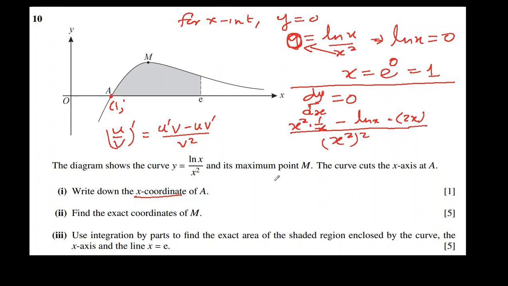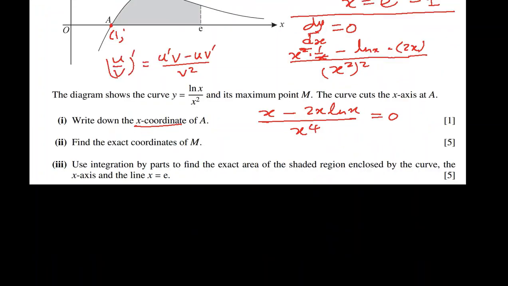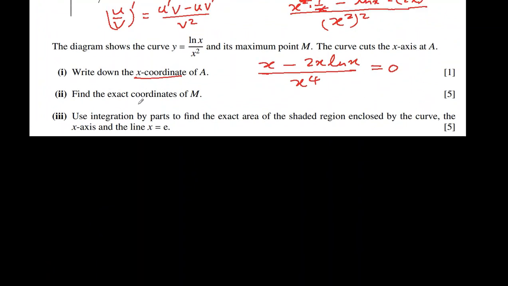And let me write the simplified form if possible. x and x square cancel out, so only one x is left here. So let's take x common. First let's write normally and then we'll write x minus 2x ln x over x to the power 4. This is dy over dx, which we have to make equal to 0. And then we have to find the exact coordinates, that means both x and y. Let's find x first.